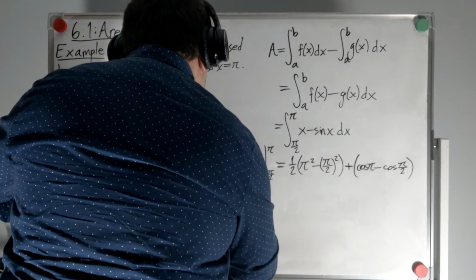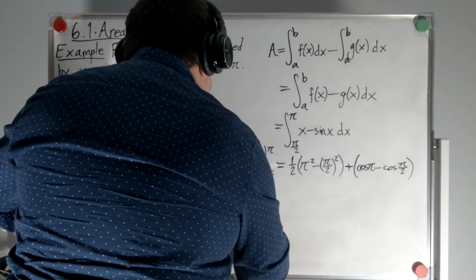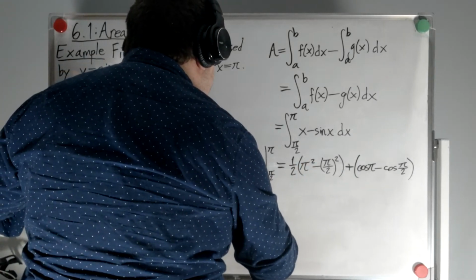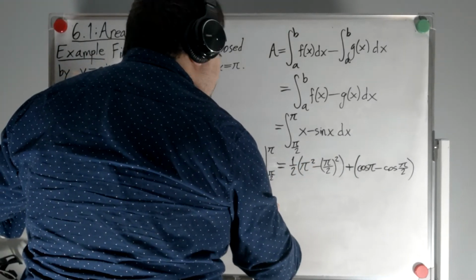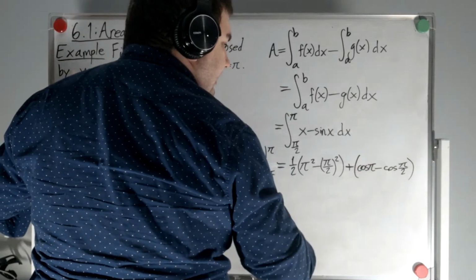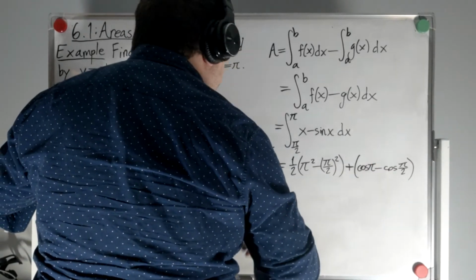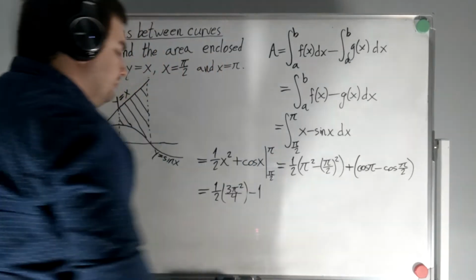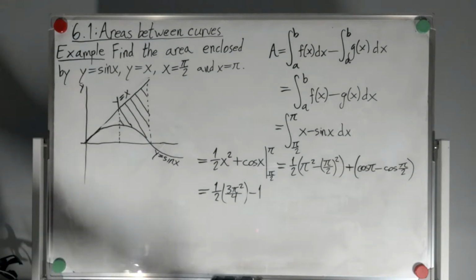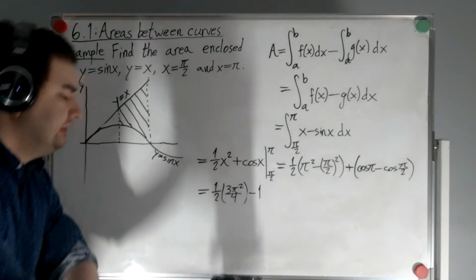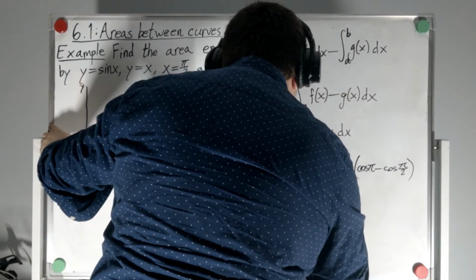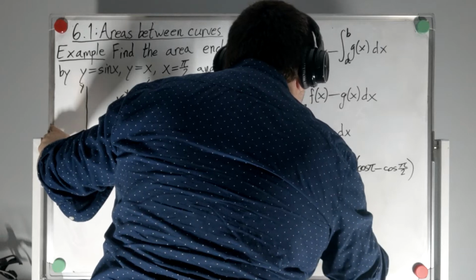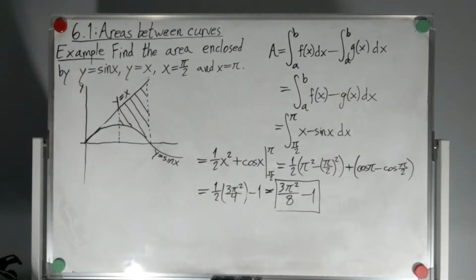Right, so this is now 1/2 times 3 pi squared over 4 plus cosine of pi is -1, cosine of pi over 2 is 0. And so this just comes out to be 3/8 pi squared minus 1. Lots of different ways to write it, but in any case, that is our answer.